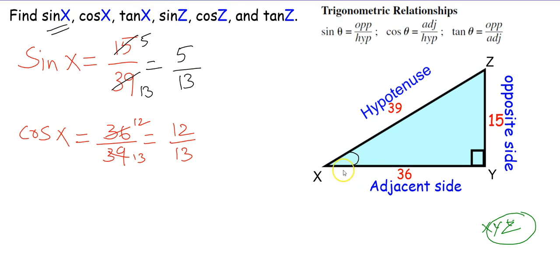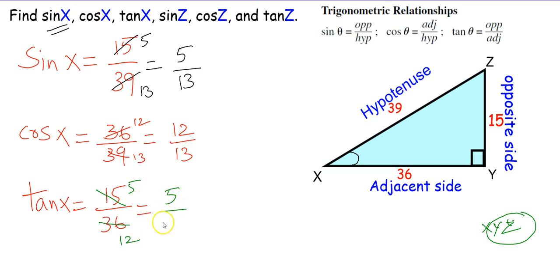For tangent x, the opposite side, that is 15, over the adjacent side, that is 36, O over A. So my tangent x equals 15 over 36, which can be simplified: 3 divides 15 five times, and 36 twelve times, so it is 5 over 12.